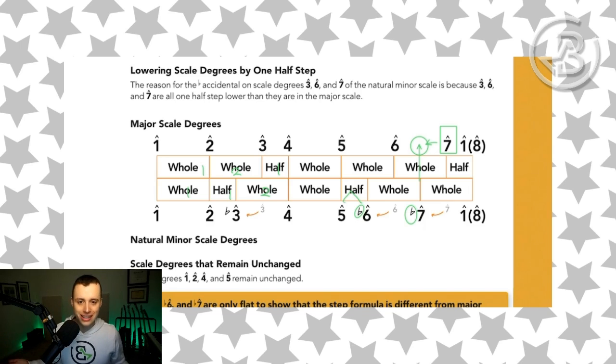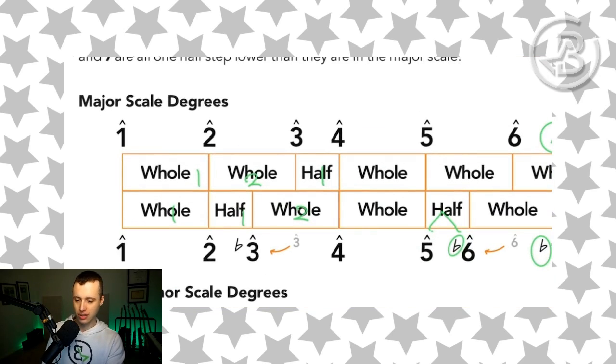There's no other reason than we really like comparing things to the major scale. So we're going to compare minor scale degrees to major scale degrees and say, okay, well, in relation to scale degree 3 in the major scale, sure enough, scale degree 3 in the natural minor scale is 1/2 step lower. I will see you in the next lesson.